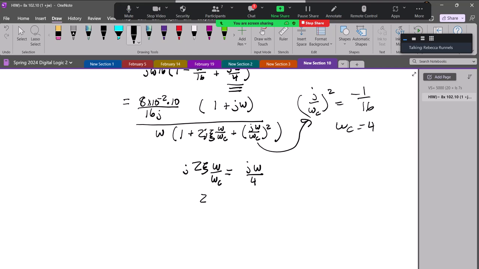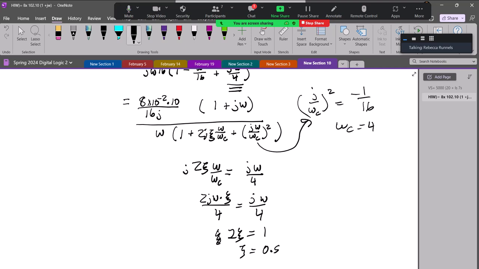So omega c, we just found out, was 4. So 2 xi j omega over 4 equals j omega over 4. So 2 xi has to equal 1, or xi has to equal 0.5. So that's our damping factor. And omega c is 4 for the quadratic term.